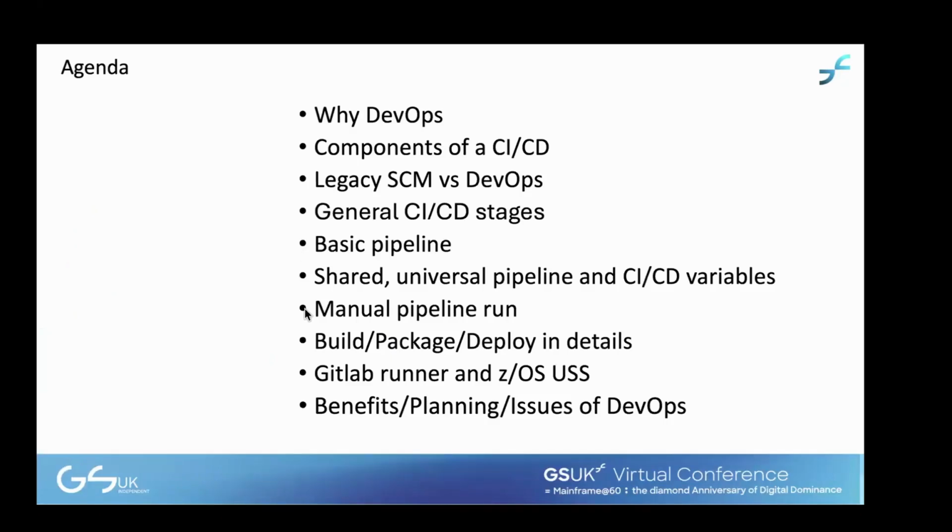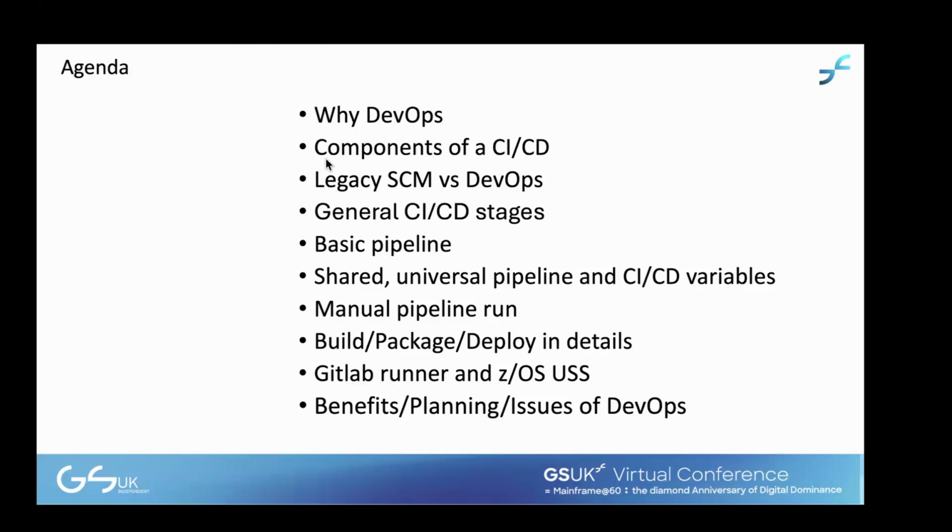All right, so our agenda, and this is a two-person presentation. I'm going to spend just a few minutes framing things out, and then Greg is going to walk you through a lower level discussion in terms of the roadmap, the journey, and considerations, and some of the things that have been done. We'll talk about what is DevOps and why, and the components that make up a CI/CD pipeline. We'll talk about most enterprises' legacy SCMs versus a new DevOps model.